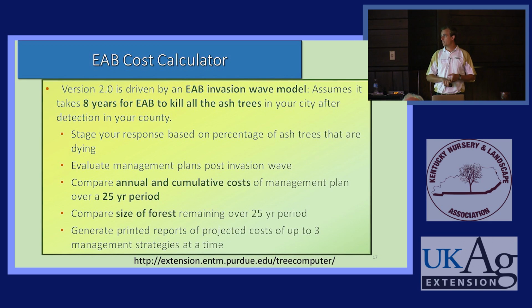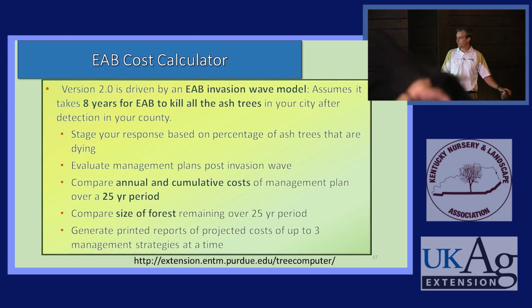You can stage your response based on percentage of ash trees that are dying. You can evaluate management plans post-invasion wave and compare cumulative versus annual costs over 25 years. You compare size of forest over a 25-year period, and it generates a nicely organized report for you when you're done.